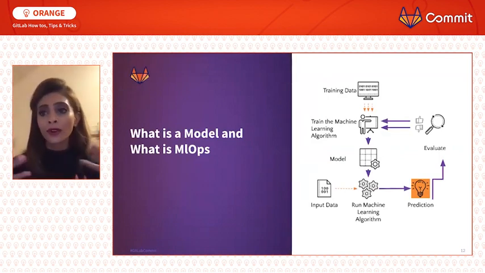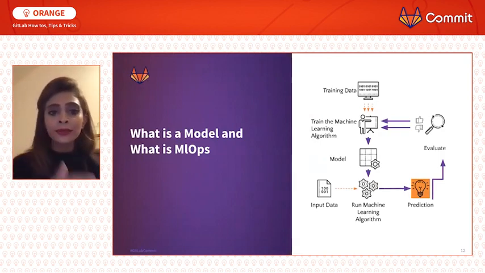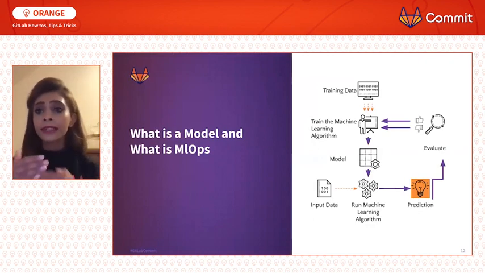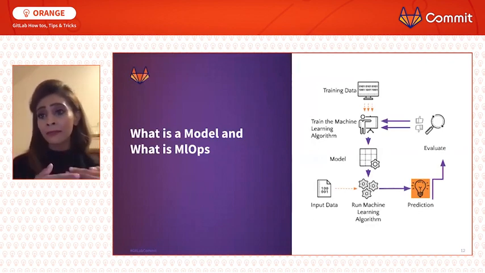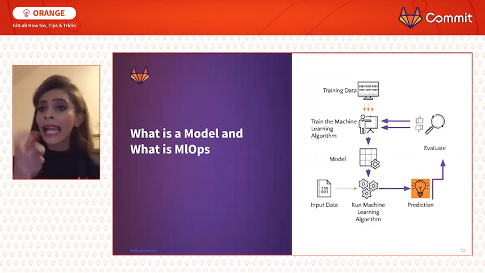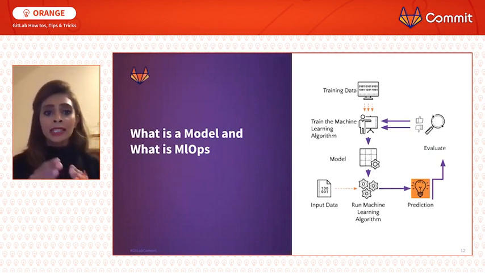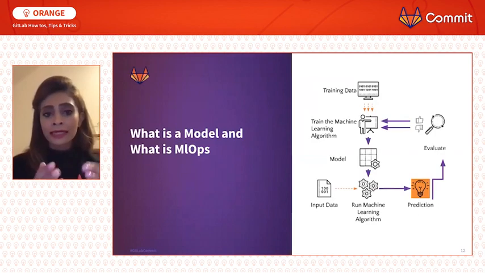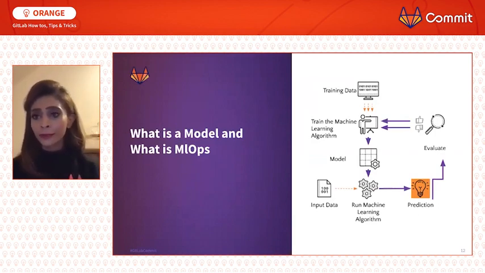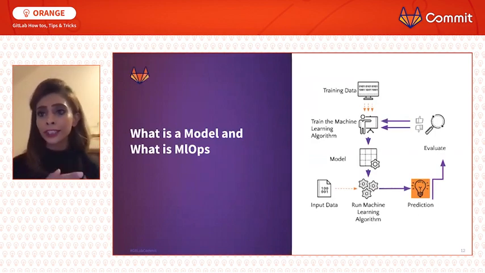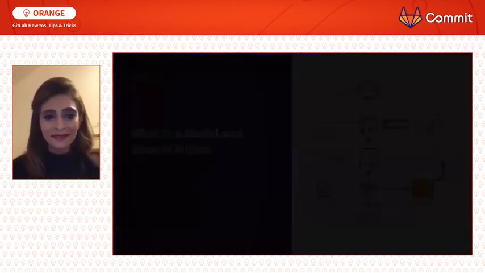It's a combination of all of it together, and then back into retraining the model with every input data and taking that feedback and dialing up the accuracy of the model. So a model is basically that input that leads to the output of prediction. This whole operation is what MLOps is all about.